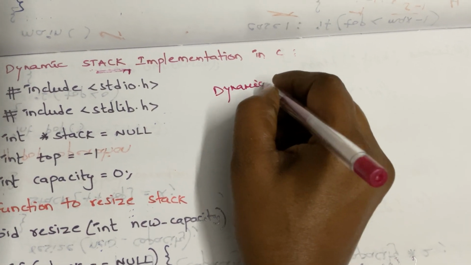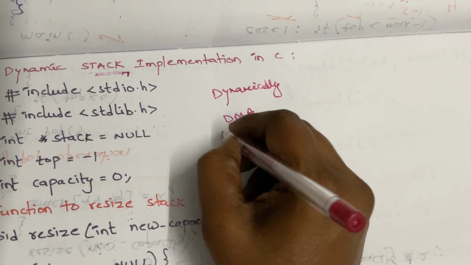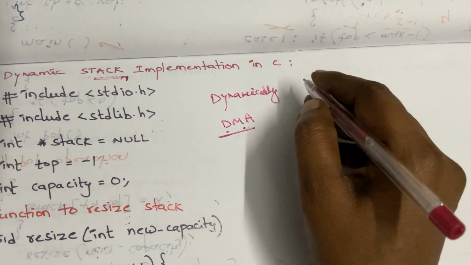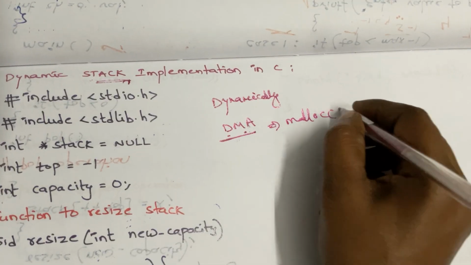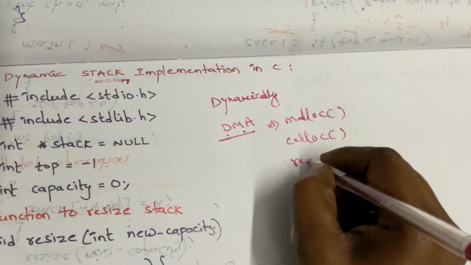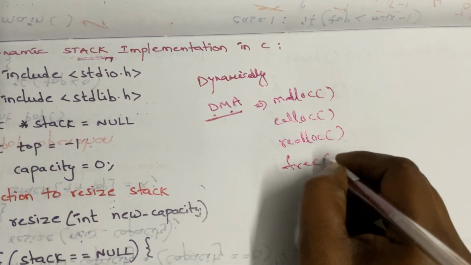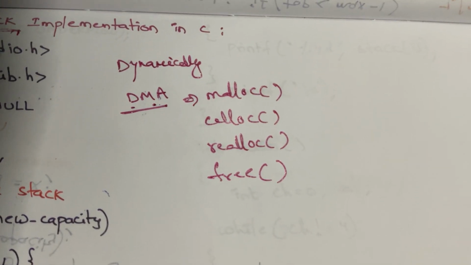That means we'll use dynamic memory management functions, which are malloc, calloc, realloc and free. These are the four functions to create memory dynamically.